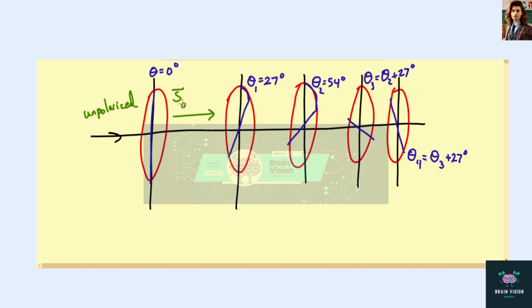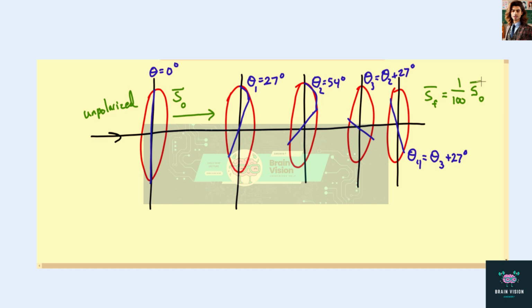And that'll be our initial intensity. It's the polarized light that comes through the first polarizer.